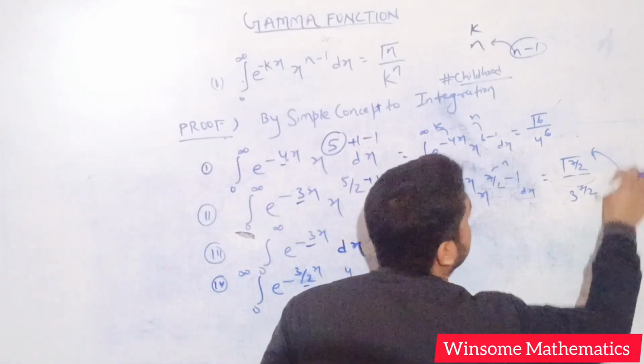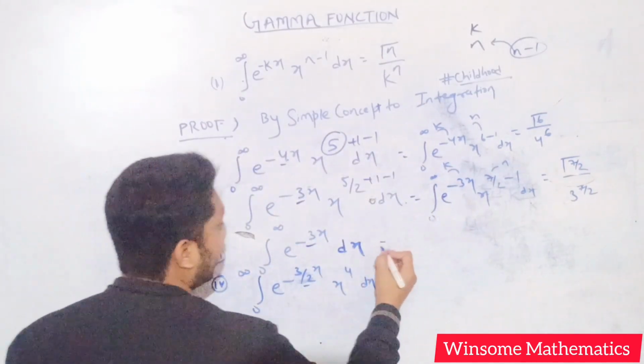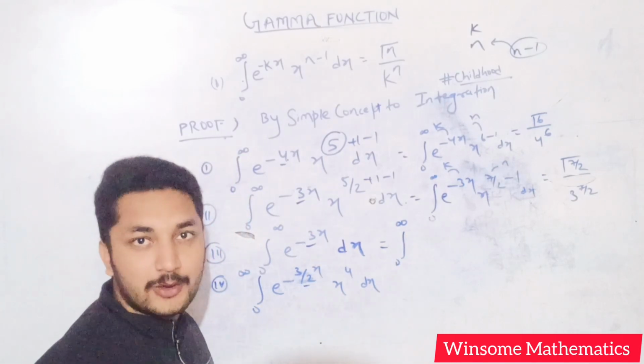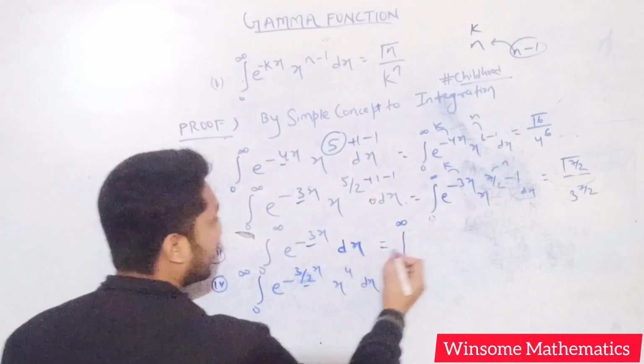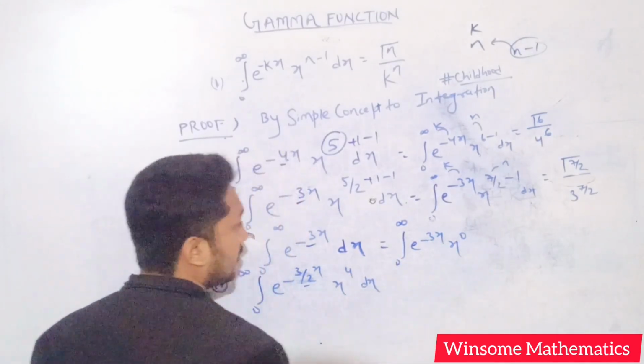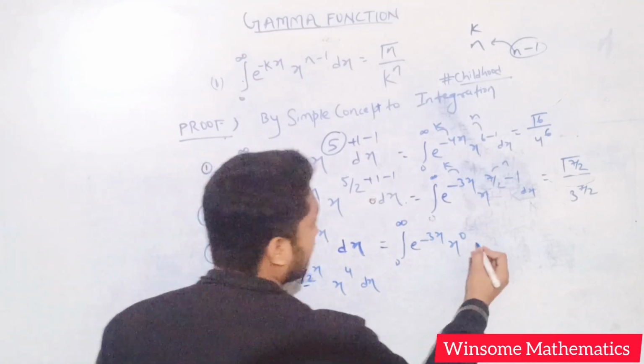How to write? Simple, we can write it as x to the power 0, because anything raised to power 0 gives you 1. Okay, so e to the power minus 3x and x to the power 0. Simple, any doubt? No. x to the power 0 dx.